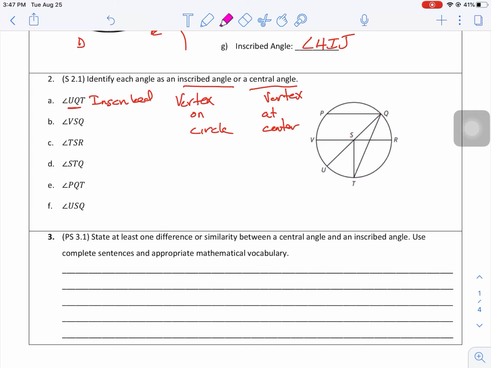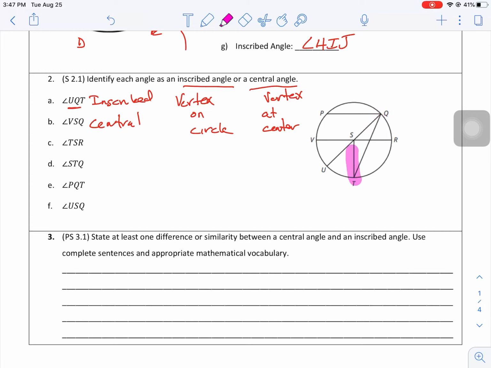So then get rid of all this junk. From V to S to Q. So S is the center, okay? So that's a central angle. Okay?